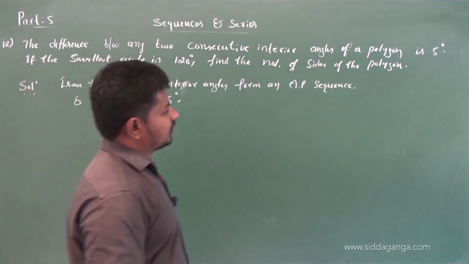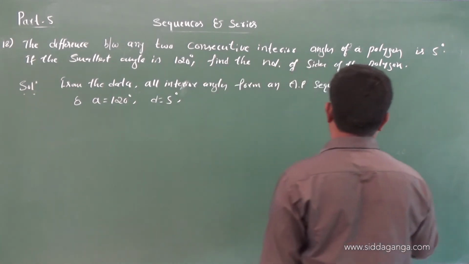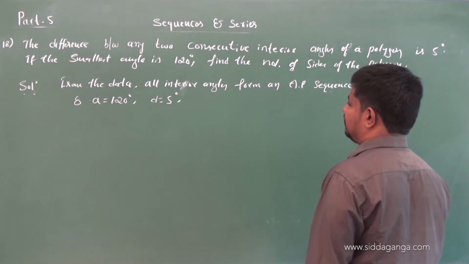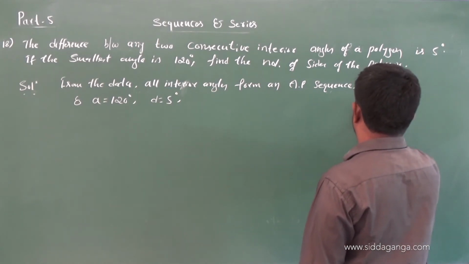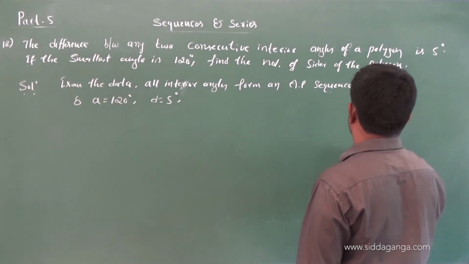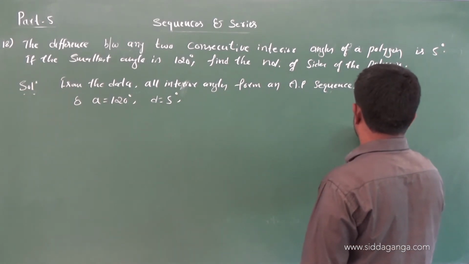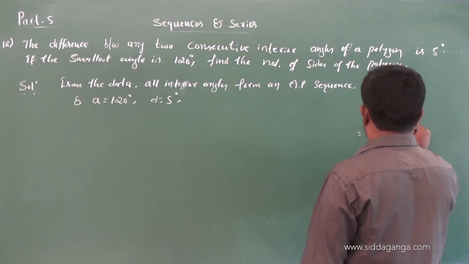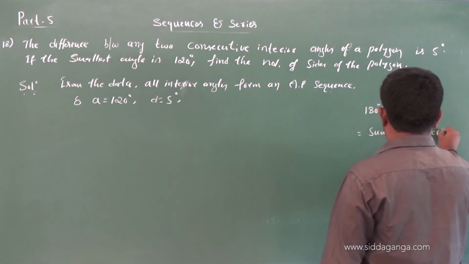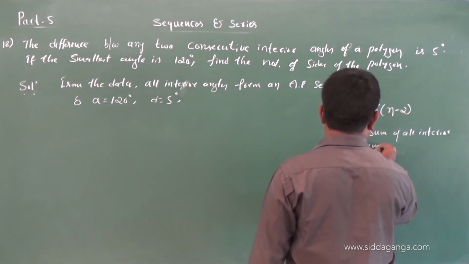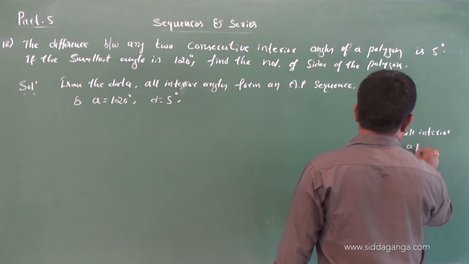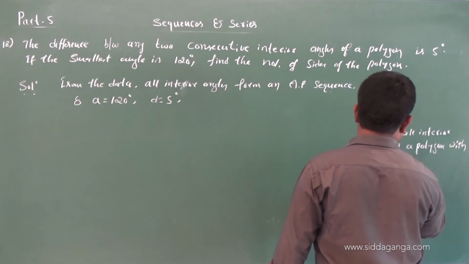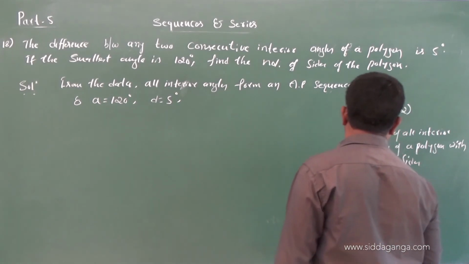Yes, we know that the sum of all interior angles of a polygon with n sides is 180 degrees into n minus 2, where n is the number of sides.